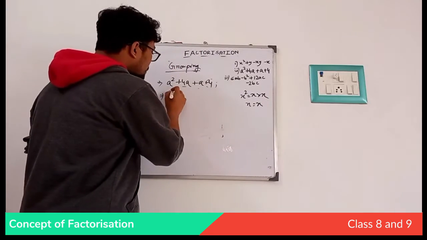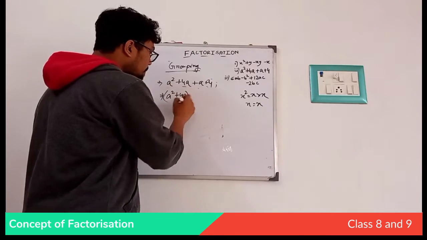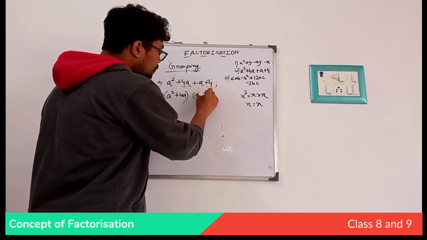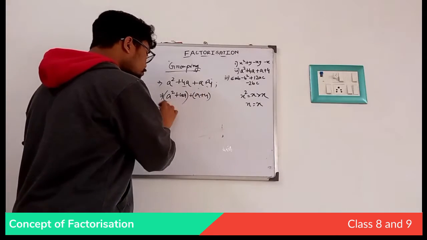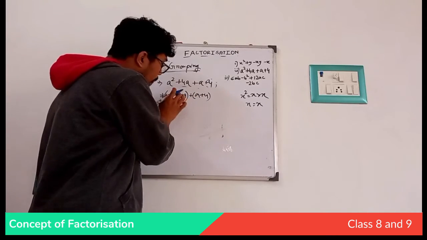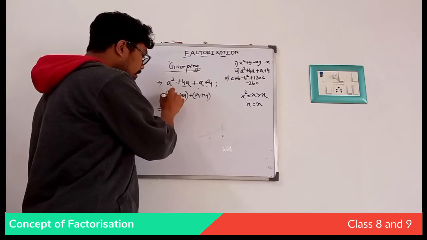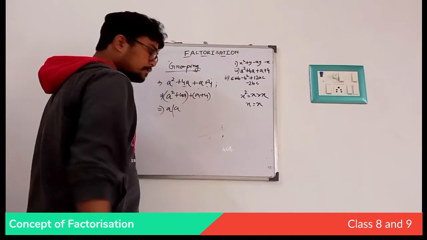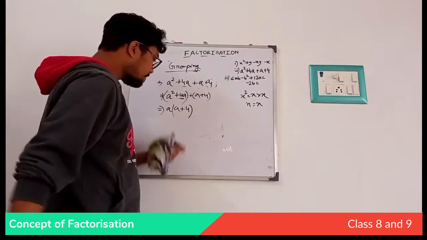Here a square plus 4a is one term and a plus 4 is another term. Fine. So if I take out a common factor of a, what will the remaining portion be? From here a is taken out, so a is remaining, and from here 4 is remaining, so a plus 4.